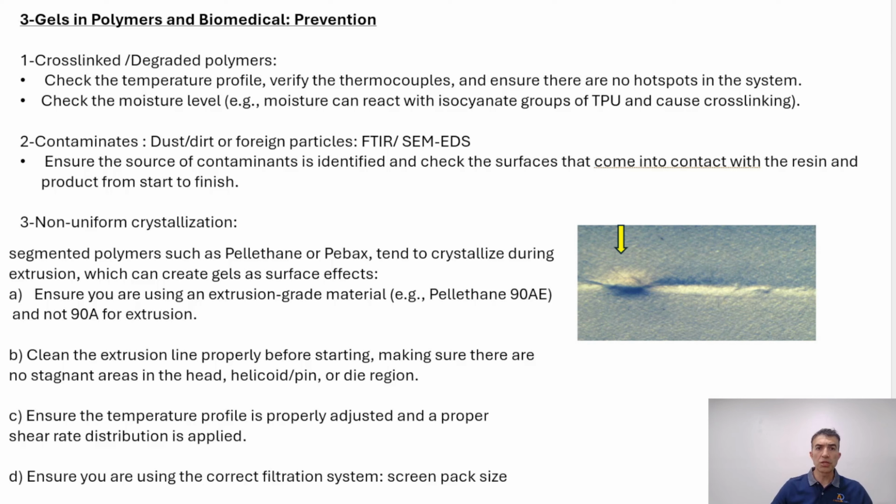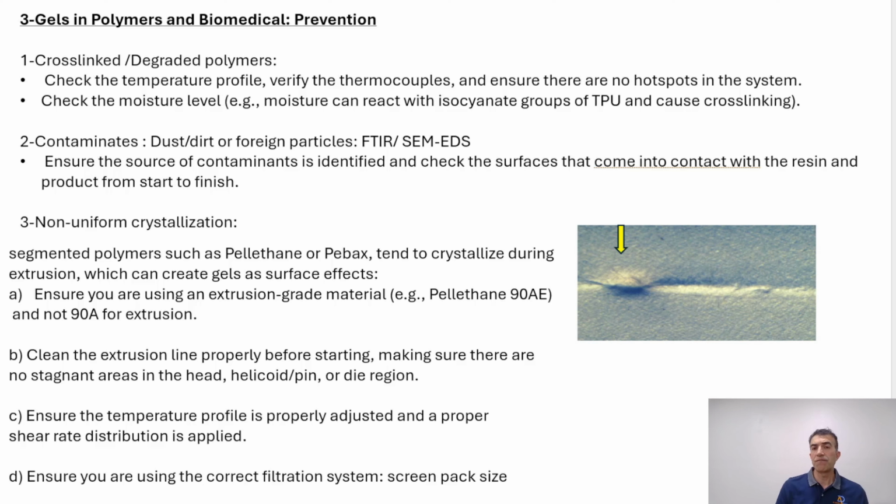Ensure that you are using the correct filtration system. That's also a very important aspect of extrusion. In extrusion, we like to use a screen pack, just to filter particulates and other residuals in the melt.